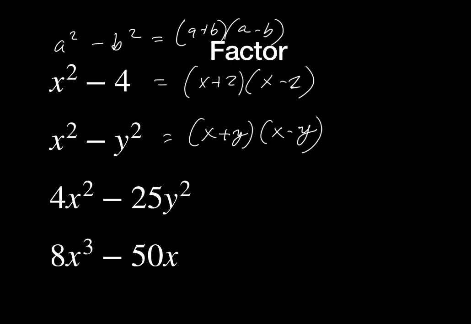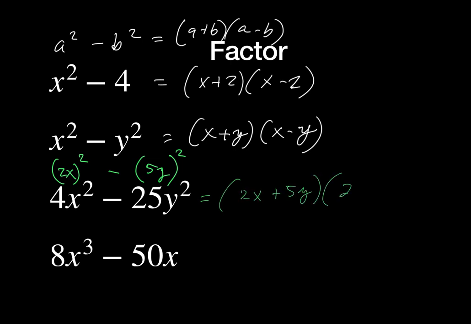So when looking at that, it's harder to see, but this would be 2x squared, because 2 times 2 is 4, x times x is x squared. 25y squared would be 5y squared, because 5 times 5 is 25, y times y is y squared. So this would factor into 2x plus 5y, 2x minus 5y.